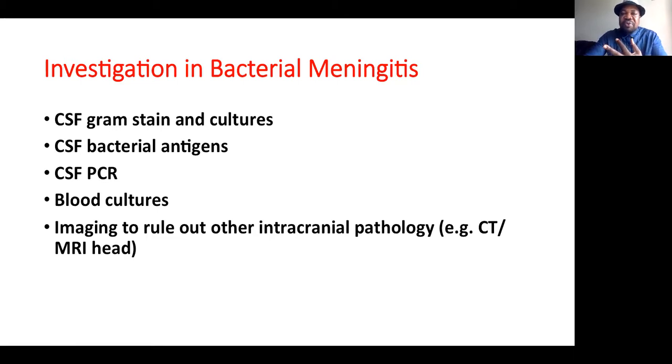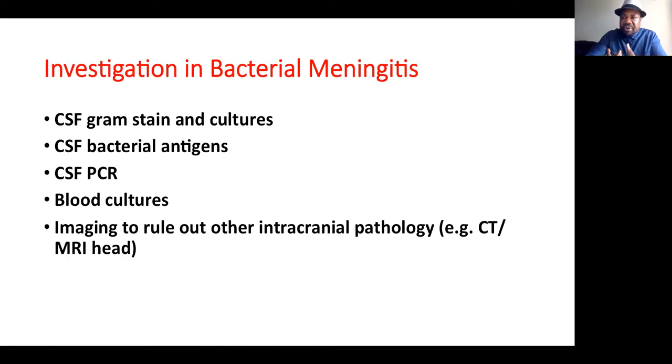You can also request a bacterial antigen test from that CSF. You also need to request CSF PCR because you need to make sure that you don't miss maybe a viral infection or maybe another type of bacterial infection that might not easily grow from the culture.